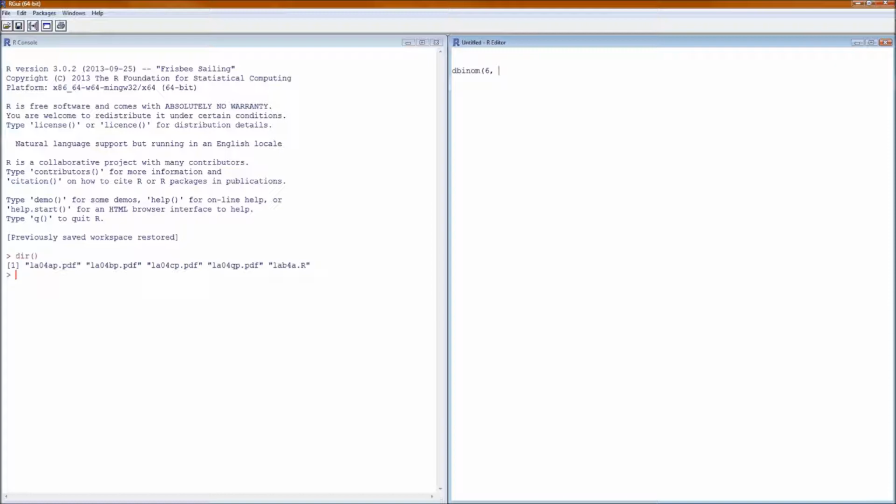If I would like to calculate the probability of getting exactly 6 heads while flipping a coin 10 times, and that coin, by the way, is fair, that probability is going to be 0.25.